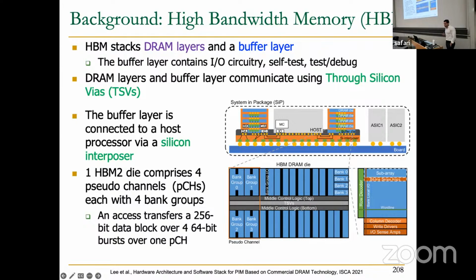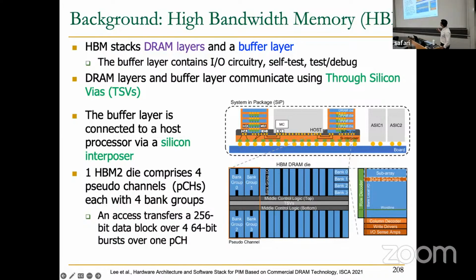So as I mentioned, the buffer layer is connected to the host via a silicon interposer, and in the HBM2 realization of this chip, what we have is what is called pseudo channels. So some grouping of those TSVs, each one of them with 4 banks. And this is a little bit finer granularity than regular DRAM. The transfer is wider, because in DRAM the column transfer is 64 bits, and here it is 256 bits that is going to be used from a column read.